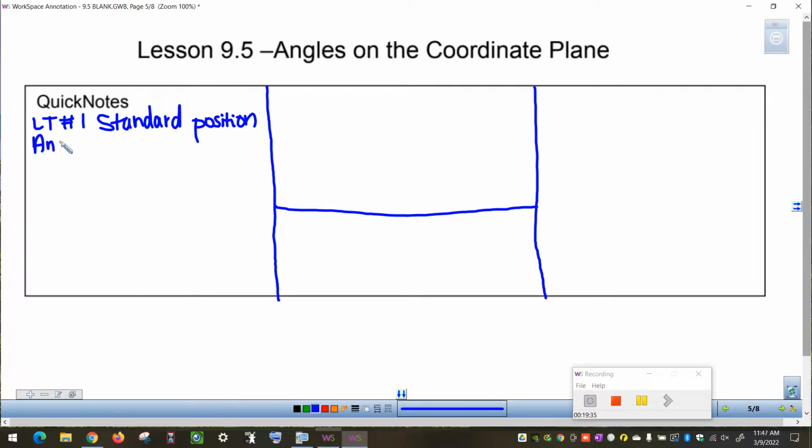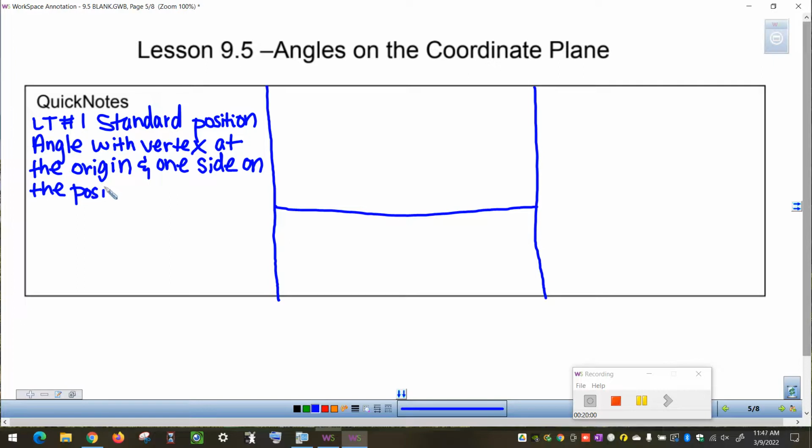All right, so this is going to be for an angle with a vertex at the origin and one side on the positive x-axis.